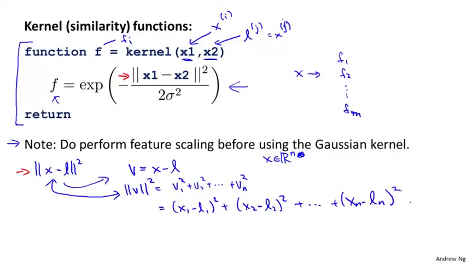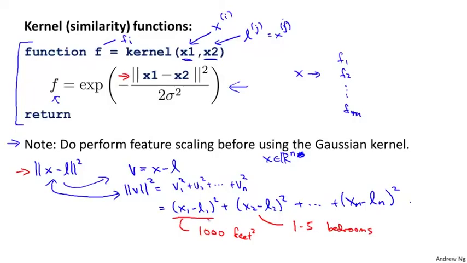And now if your features take on very different ranges of values, so take our housing prediction example, if your data is some data about houses, and if x1, the first feature, is in the range of thousands of square feet, but if your second feature x2 is the number of bedrooms, so if this is in the range of 1 to 5 bedrooms, then x1 minus L1 is going to be huge.